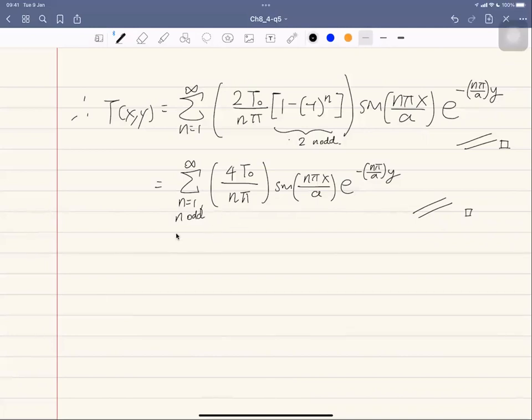Some people don't like having too much fine print, subscripts over here, in which case you can use the trick where you change, you want odd numbers, right? So you just write 2n plus 1. So now you're guaranteed to have odd numbers over here. So it's much cleaner. So each of these 3 presentations are all fine.